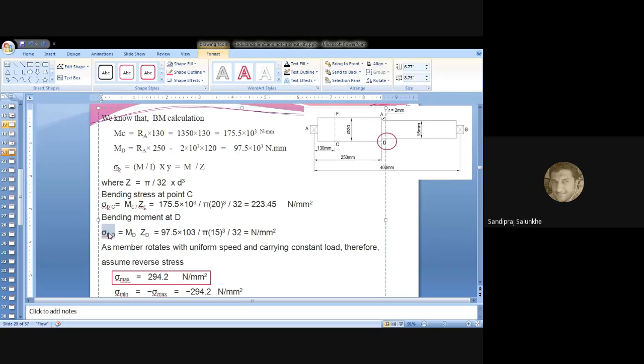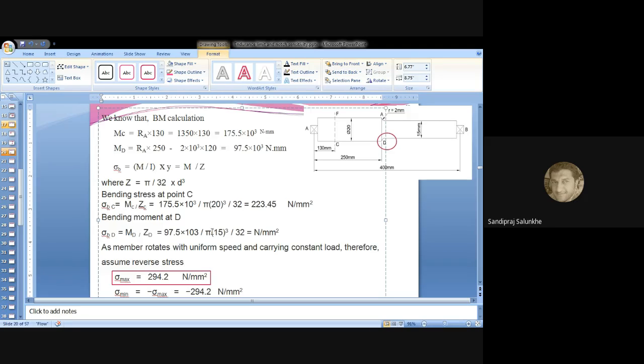We have denoted it as sigma B suffix D is equal to MD, that is the bending moment at point D, divided by the section modulus at point D. So this is MD divided by ZD. Now while calculating ZD, we are going to consider this lower diameter, that is 30. Okay.